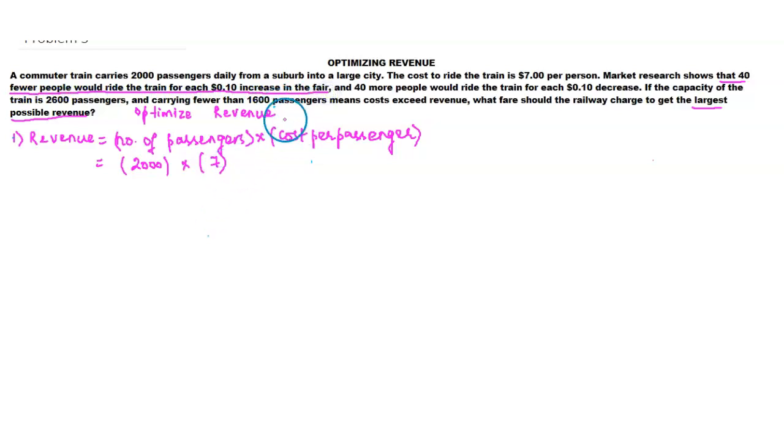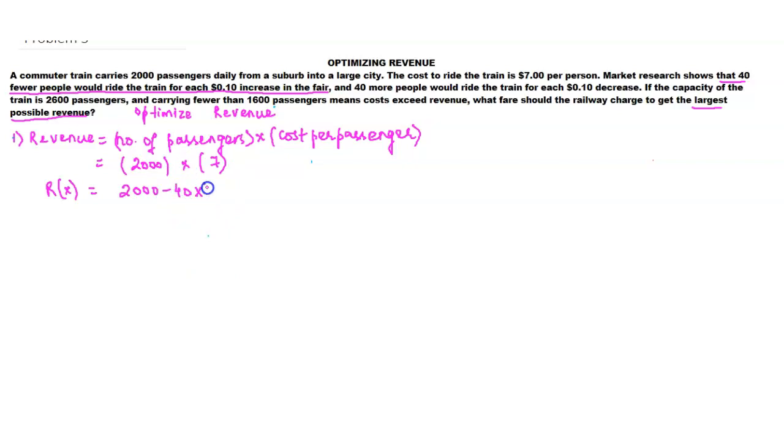That means your fare part is going to be increased by 10 cents, and the number of passengers part is going to be decreased by 40. So the new revenue equation is going to be in terms of X, where X is the number of changes that would come up.